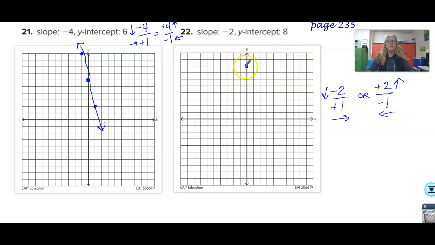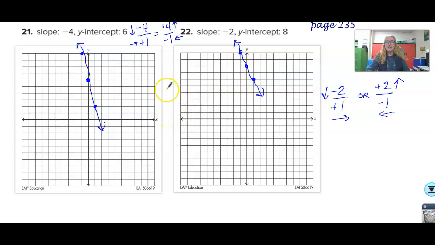Okay, so from this point, we can go down 2, right 1, or we could go up 2, left 1 from the starting point. And then that's bad.